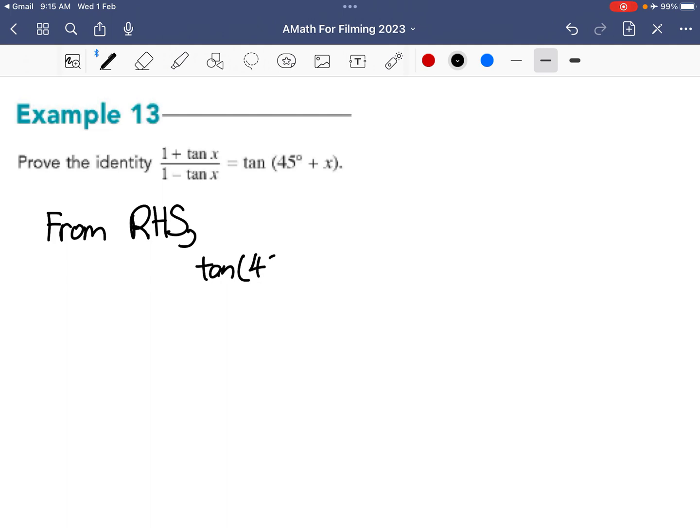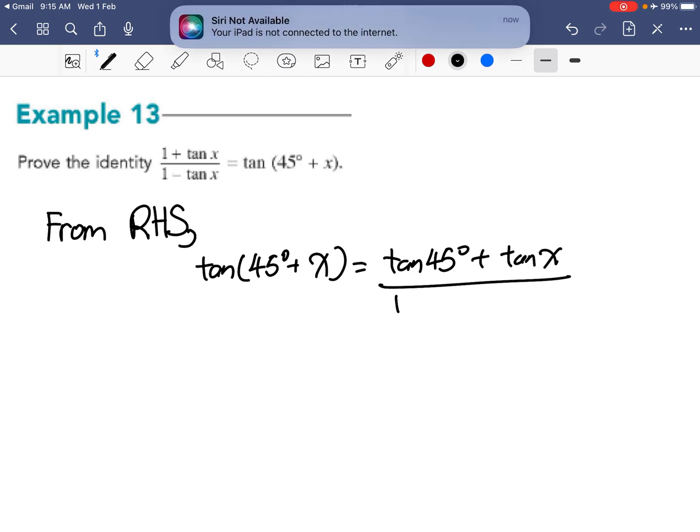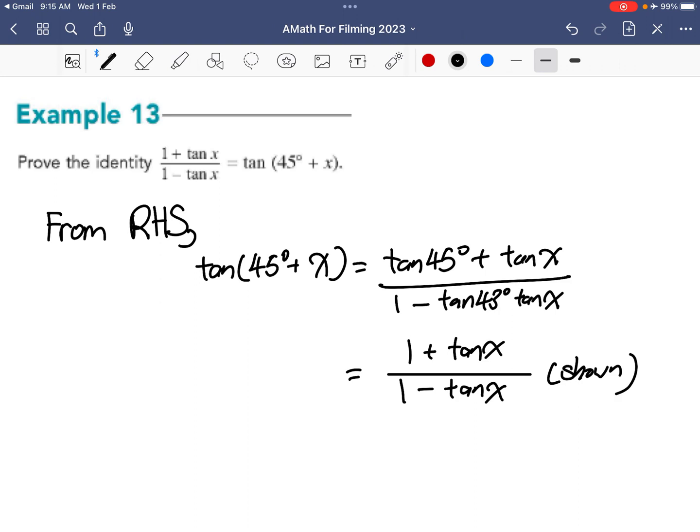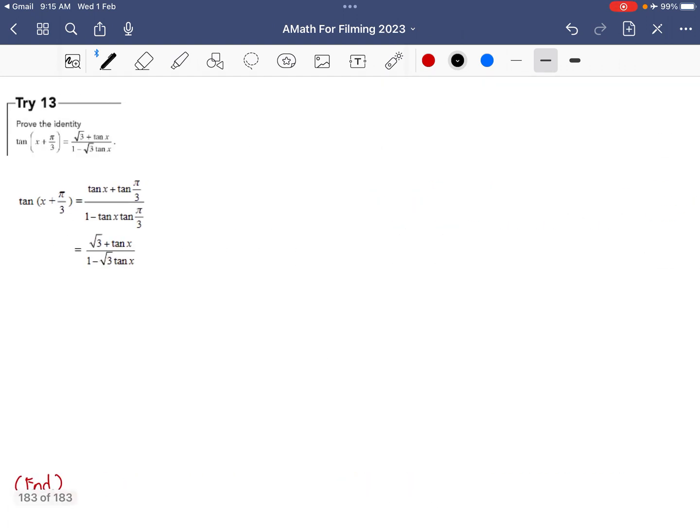So from the right hand side, if I apply the addition formula, what I get is tangent A plus tangent B over 1 minus tangent A tangent B. So tangent of 45 is actually equal to 1. It's a special angle. And over 1 minus 1 times tan x, it is tangent x. Straight away, it is shown.